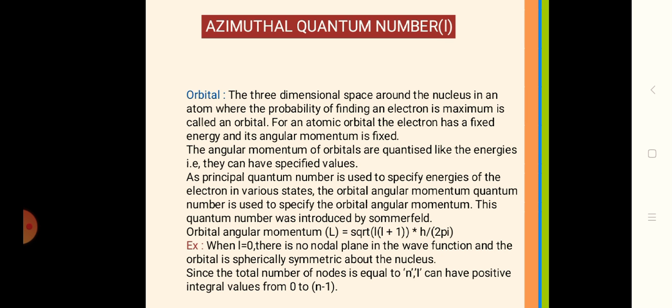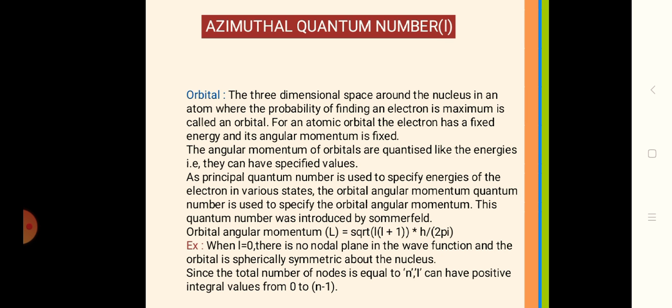This quantum number was introduced by Sommerfeld. Orbital angular momentum formula is equal to square root of l(l+1) into h by 2 pi. Example, when l is equal to 0, there is no nodal plane in the wave function and the orbital is spherically symmetric about the nucleus.